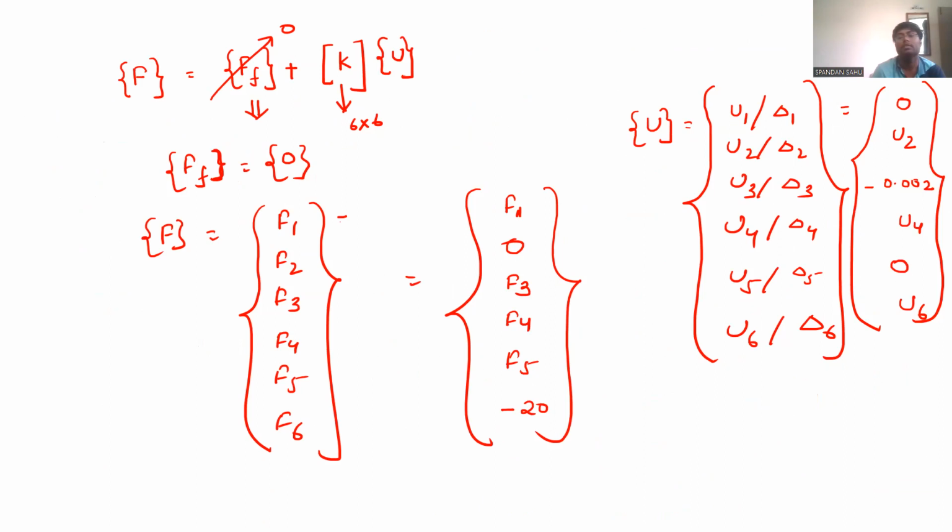We are writing U6. So you need this F3 and this U6. Can you calculate? How to calculate?